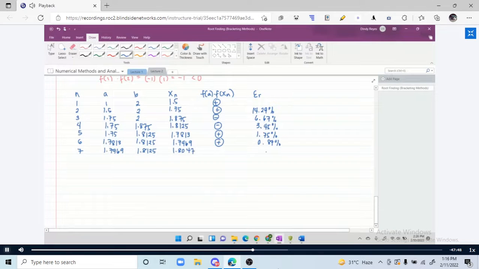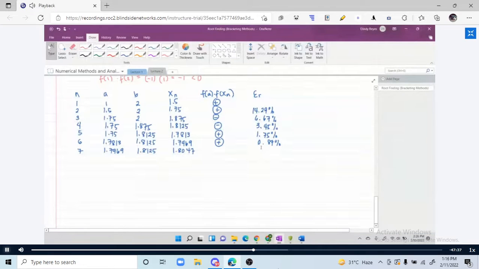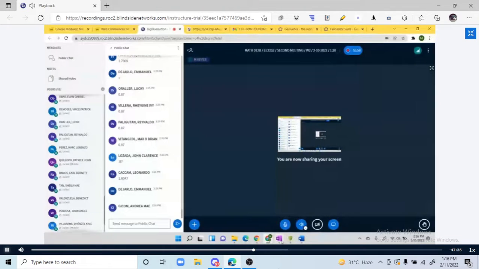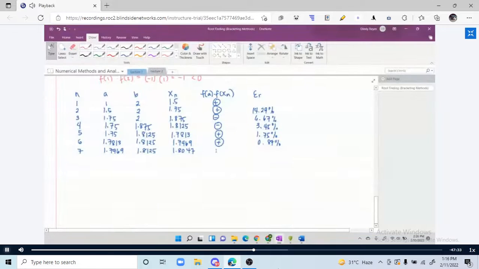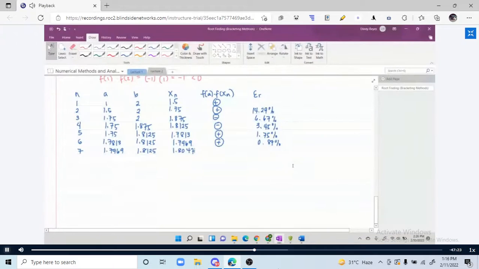1.8047. Kindly check this first kasi 0.87 is very close to 0.5%. Okay. Hindi mo na importante to kung nasatisfy na natin yung ano. Kindly check the relative error first. 0.43.